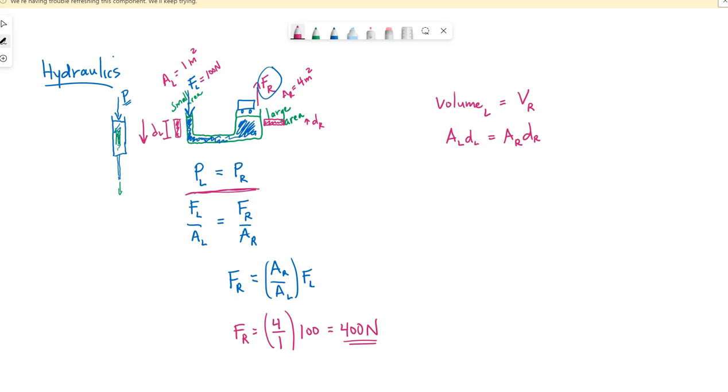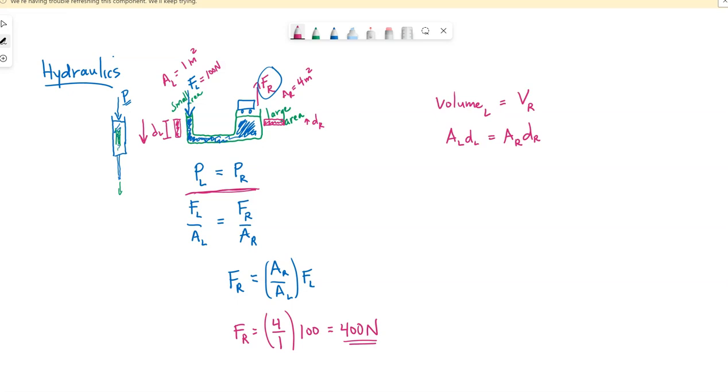And so this idea of hydraulics, we just use this concept of pressure and pressure transmitting through a fluid within a system. We can use that to get larger forces out, and we can use that to lift heavier objects, which is actually pretty cool. We're going to talk about pressures in fluids, pressure versus depth. So how a pressure gets larger as we go deeper and deeper into a fluid.